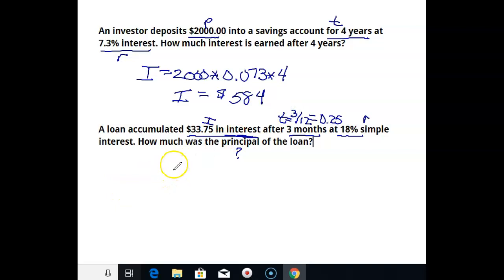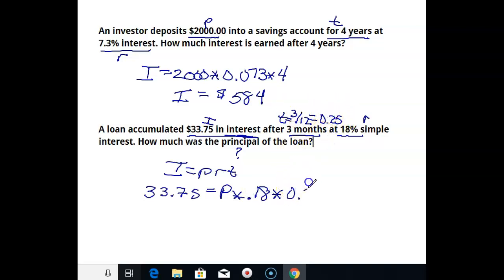So what I know is when I fill in the equation, I equals P times R times T, I've got I this time, 33.75. I don't know the principal. I do know the interest rate of 18% is 0.18. And I know that the time is either 3/12, or if you want to make it a decimal, 0.25.